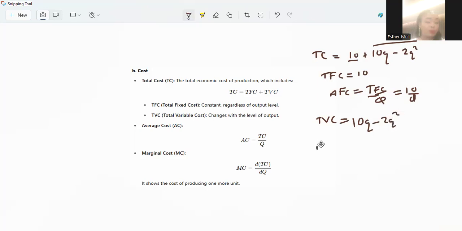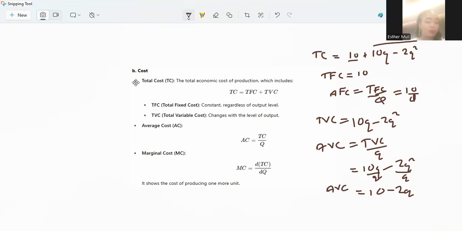Average variable cost is when you divide the total variable cost over quantity. So here, 10Q minus 2Q squared, we divide by Q, here divide by Q. What we have will be 10 minus 2Q. This is what we call our average variable cost.